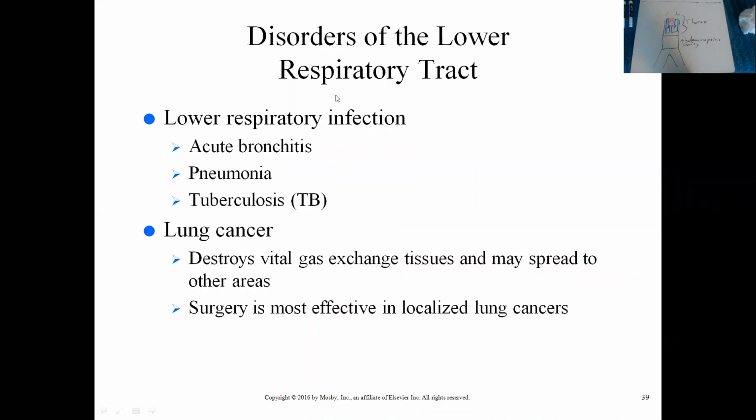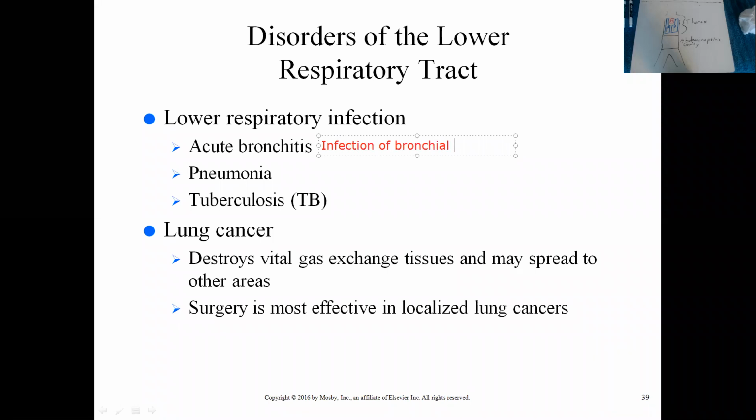Now for the lower tract, some infections. Bronchitis, name says it, infection of bronchial tree. Second, pneumonia. Pneumonia is a lung infection. Oftentimes, one of the symptoms being excessive mucus production, among various other symptoms.